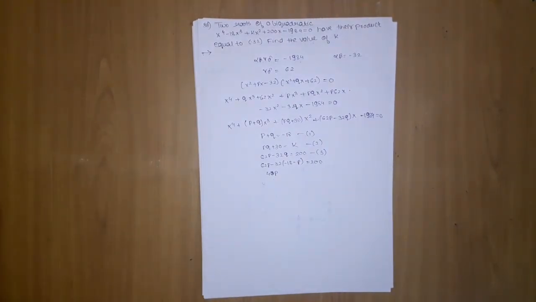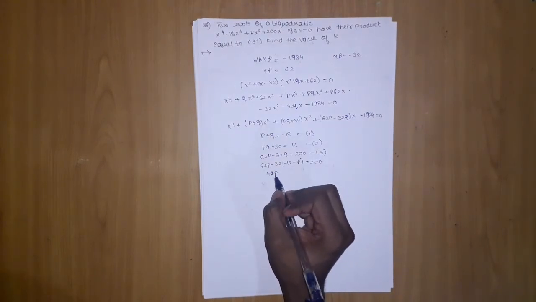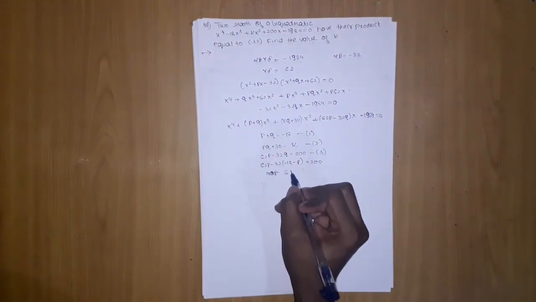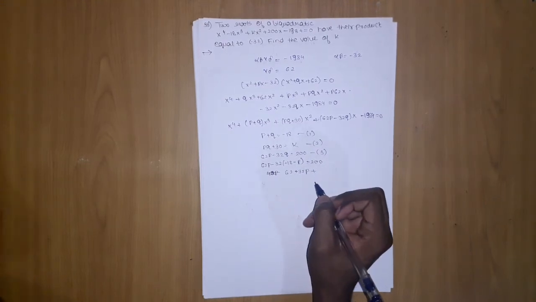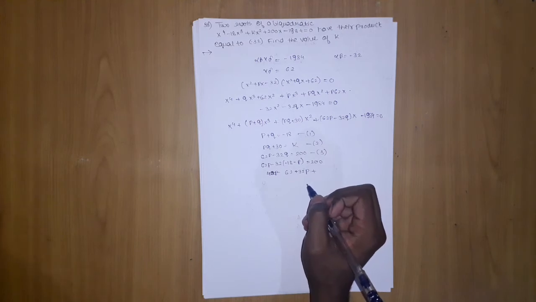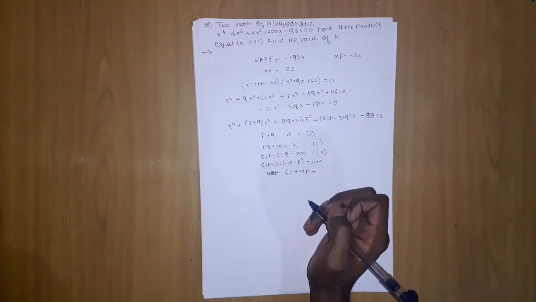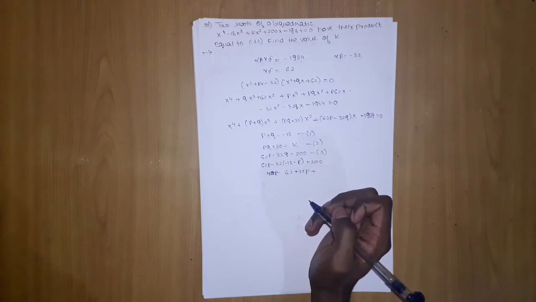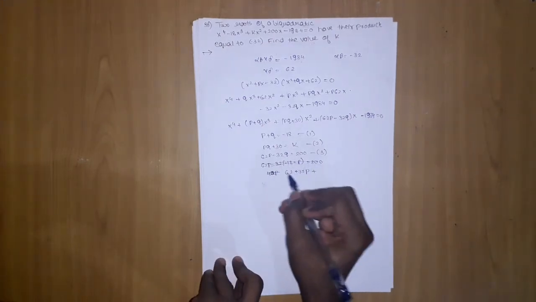After solving this, 62 plus 32p, and here I have 18 into 32. Wait, we can reduce. Why do so much work?